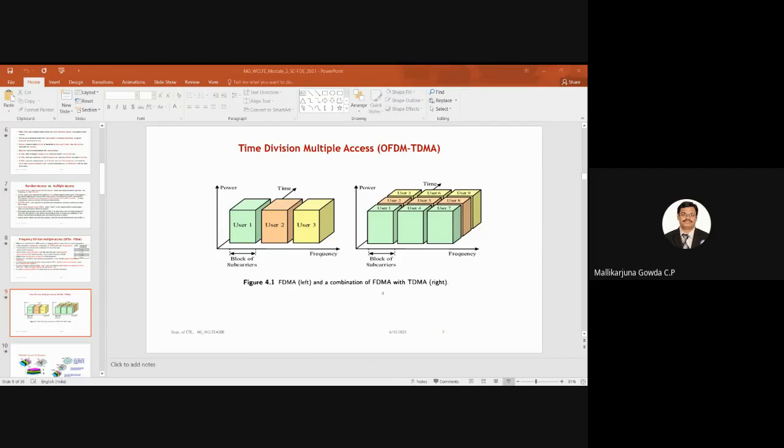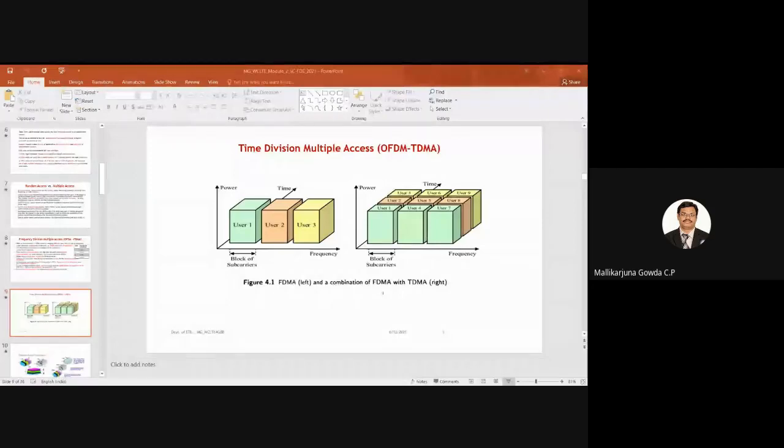The first diagram is OFDM FDMA, and the second one is OFDM TDMA.